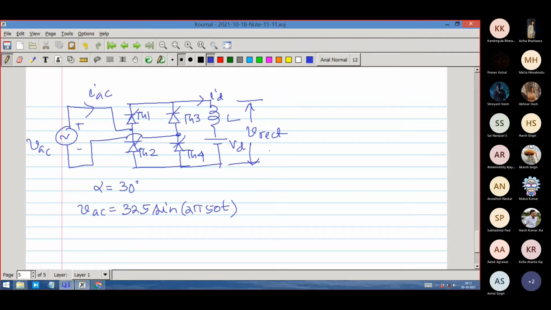What will happen if it is less than 2Vm by pi cos alpha? Suppose Vd is 160 volts in this situation, and I have fired the thyristor at 30 degree, and 2Vm by pi cos alpha we have seen is 179.2 volts approximately.